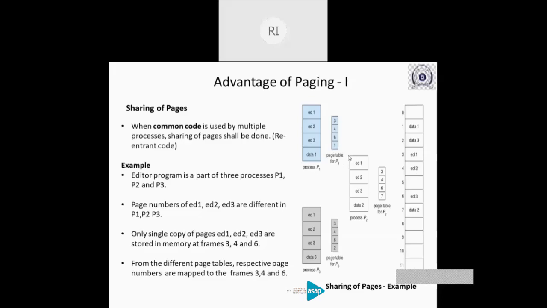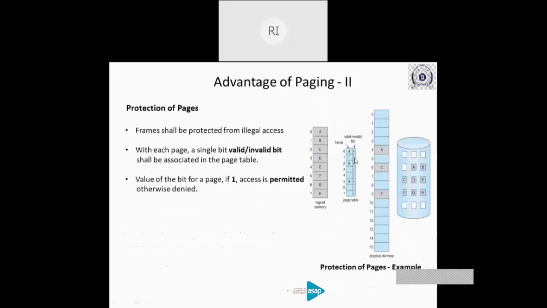If the bit is valid, then access to that particular page is permitted. If it is invalid, access to that particular page or the frame corresponding to that page is not permitted. So using a valid-invalid bit along with the page table, we can prevent illegal access to these frames.